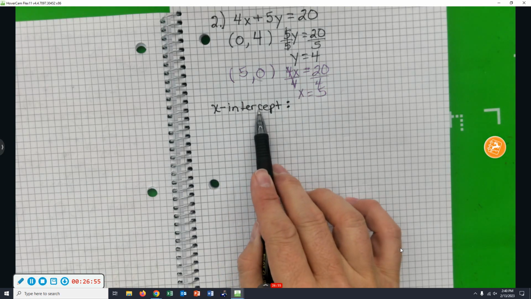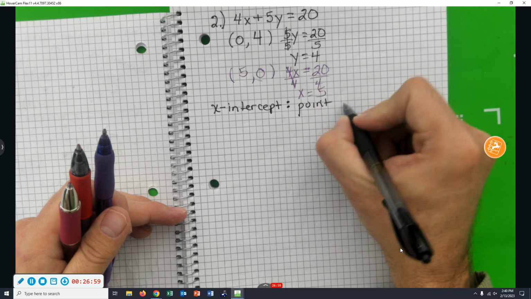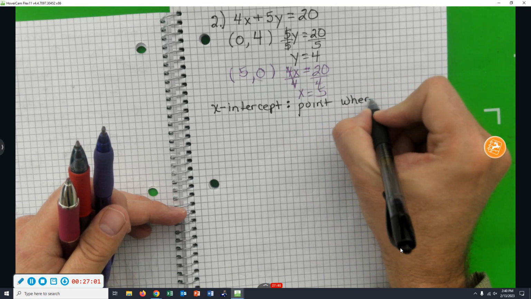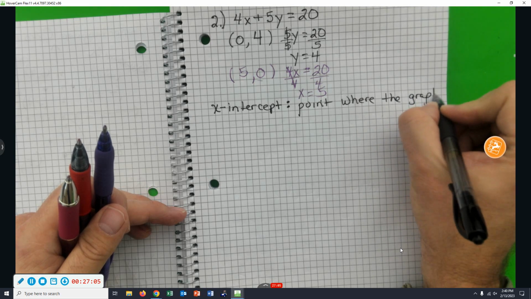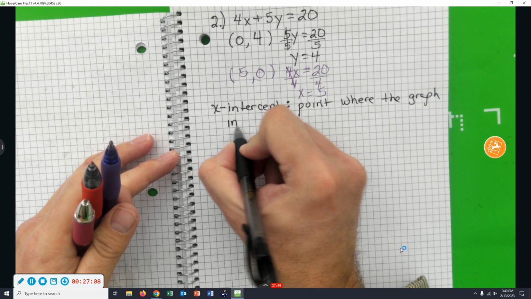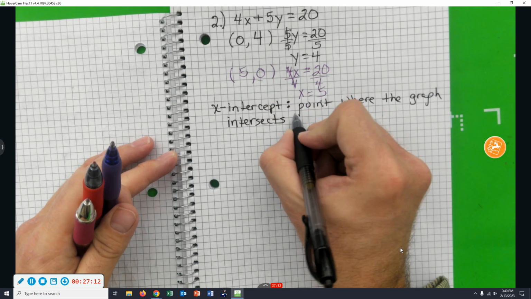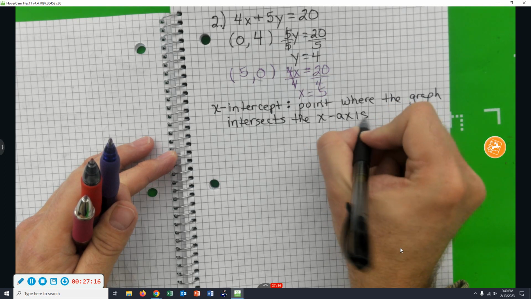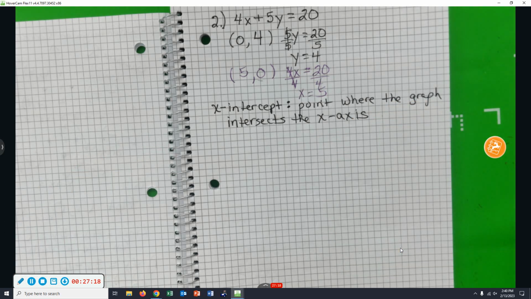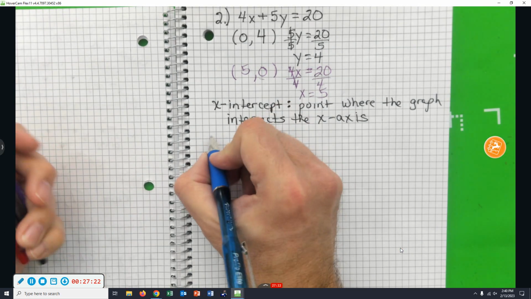The x-intercept is the point where the graph crosses, or intersects, the x-axis. So we have something called the x-intercept and the y-intercept.